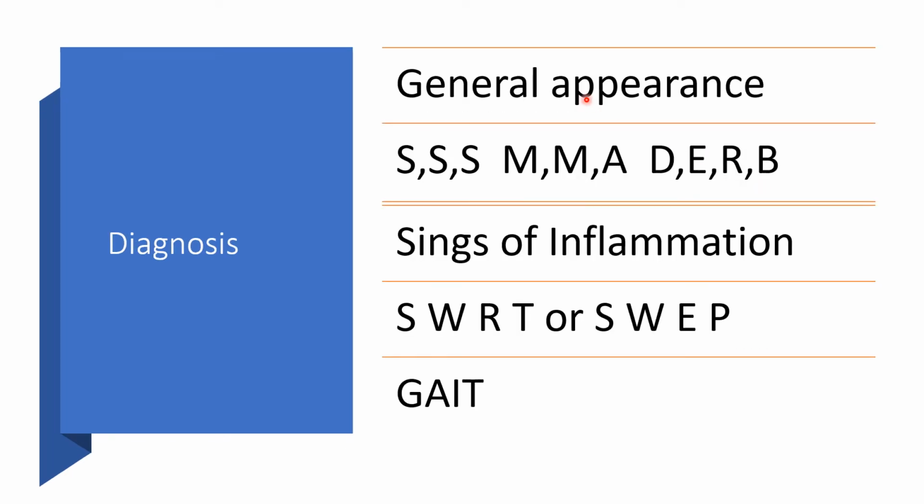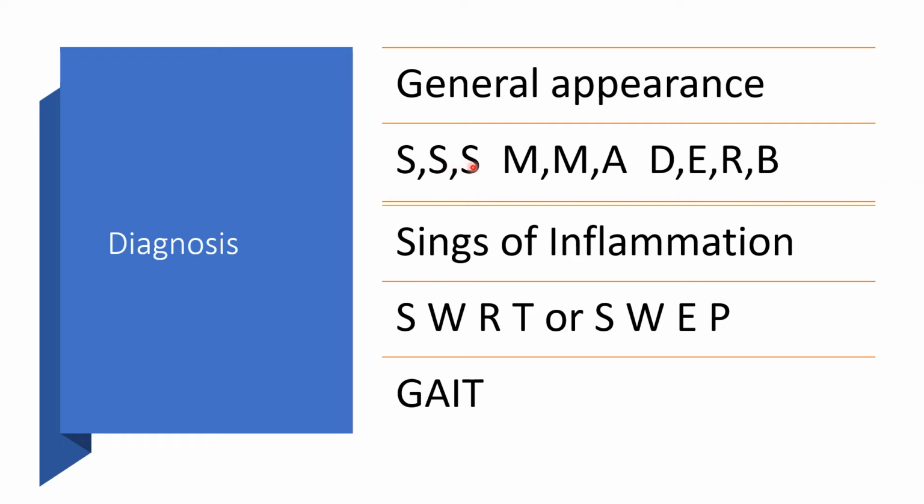Now, the general appearance. Here, we will check for any obvious scar that will point to whether there's trauma or past surgery that is responsible for this lower back pain today. We'll also check for any swelling. It might be cancer of the bone or an abscess that's formed there that's causing the pain right now, or anything.